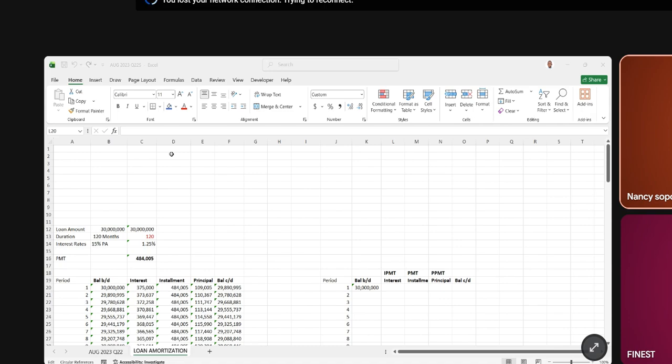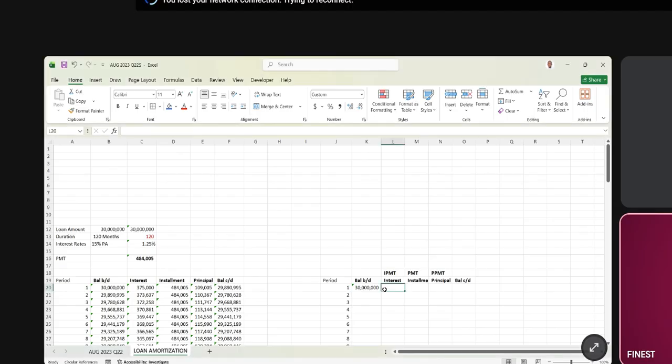They ask for the rate. Now, in this case, it is very simple. You come and say equals IPMT, like that.